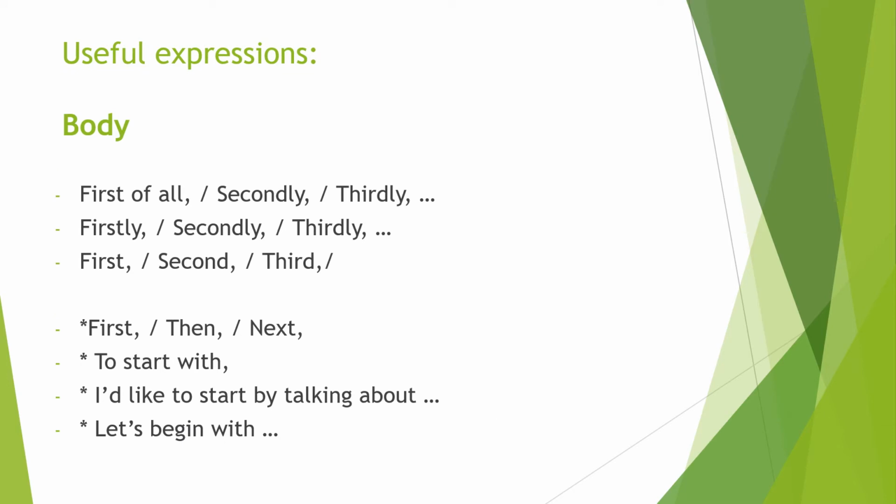Okay, for the body part, the variation varies greatly, it depends on the topic. So I'll just write some very basic useful expressions for the body paragraphs just to help you link the ideas coherently. Those are the very basic ones: first of all, secondly, thirdly, and so on. But of course, each topic we normally write the body differently.